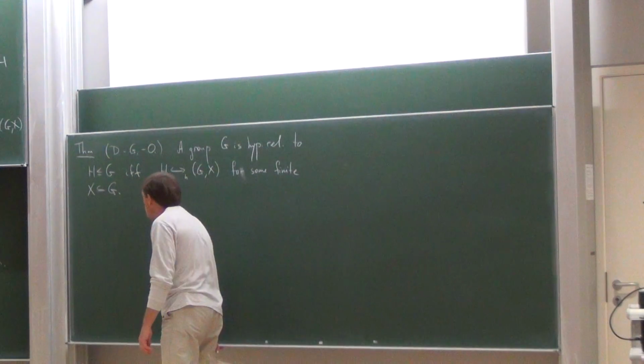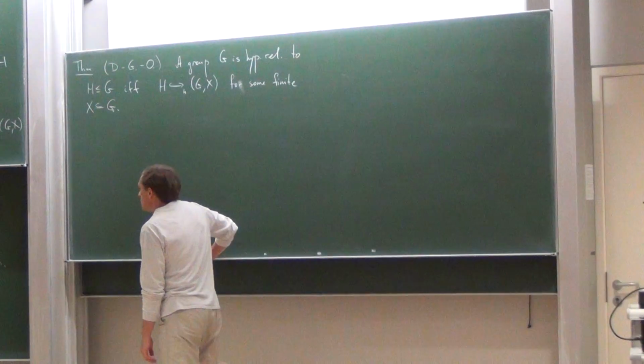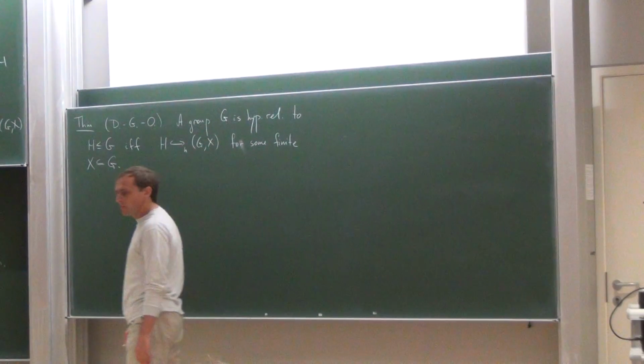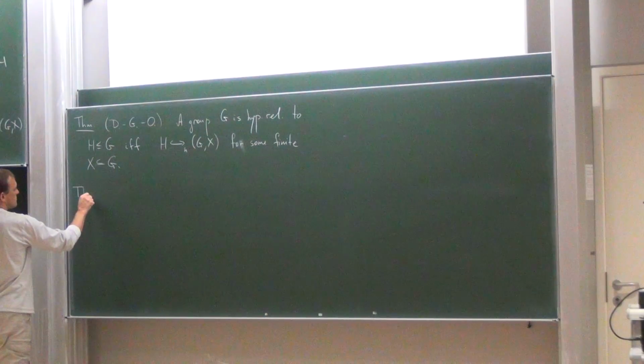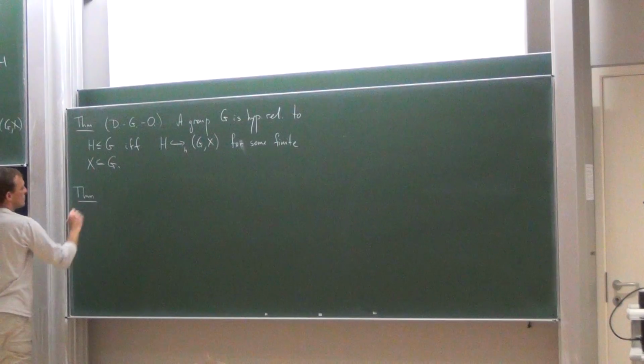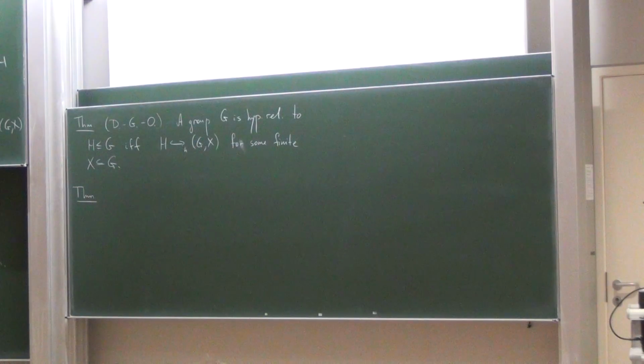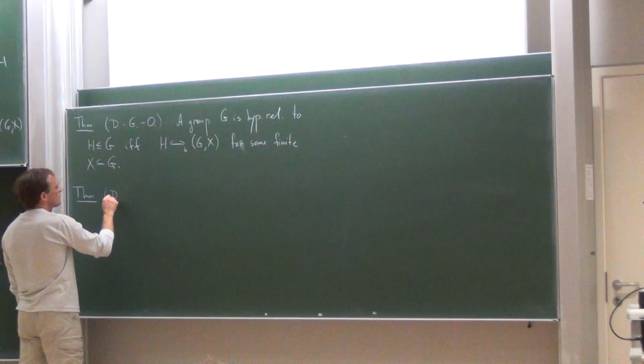So what are examples of non-degenerate hyperbolically embedded subgroups in groups which are not relatively hyperbolic? Well, there are several of them. The most general result is the following.